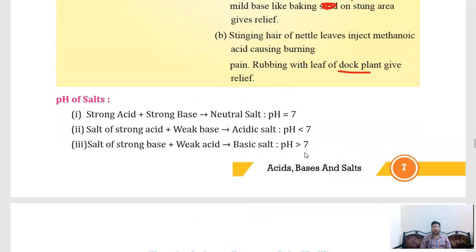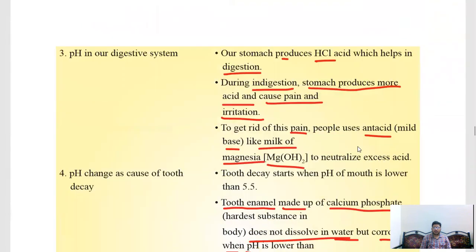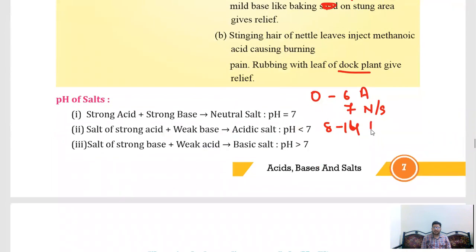Next, pH of salts. Now we have discussed pH values: 0 to 6 is acid, 7 is neutral or salt, and 8 to 14 is base. Now, the strong acid and strong base flowchart we have discussed. It will give a neutral salt, pH value will be 7.